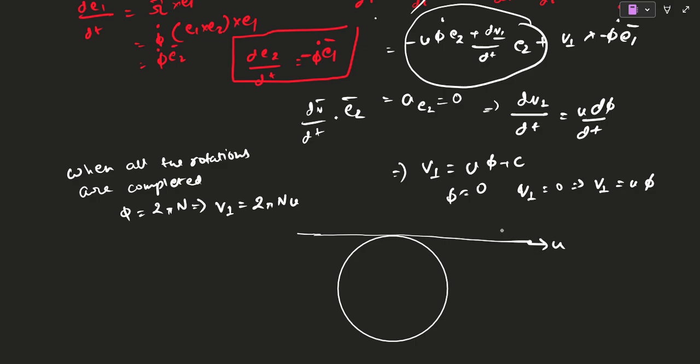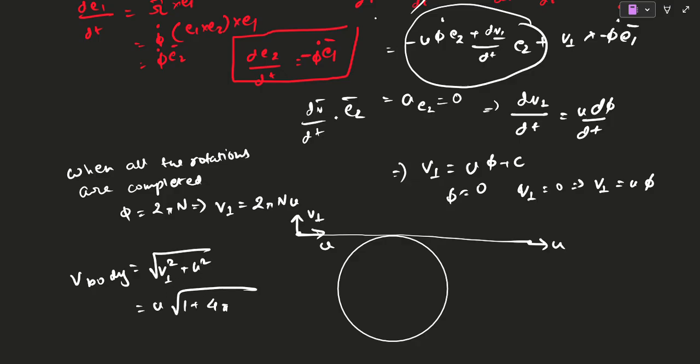By constraint motion, this bob or the ball should move with velocity u along the string, and one velocity will be perpendicular to the thread, that is v perpendicular. So at this instant, what will be the velocity of the body? The velocity of the body will come out to be simply the square root of v perpendicular squared plus u squared, which gives u times the square root of 1 plus 4 pi square n square. Okay, so this is the velocity after n thread winds.